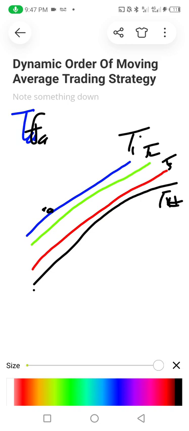When you drop a tangent, you see it's going to be pointing upwards, so the slope is positive. A positive slope signals a buy market, a negative slope signals a sell market.